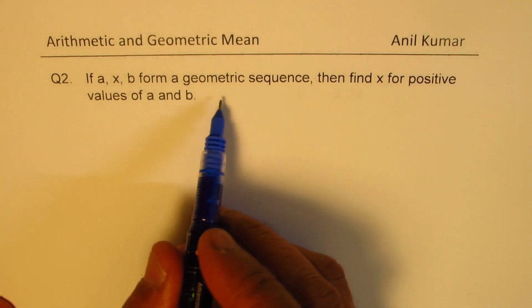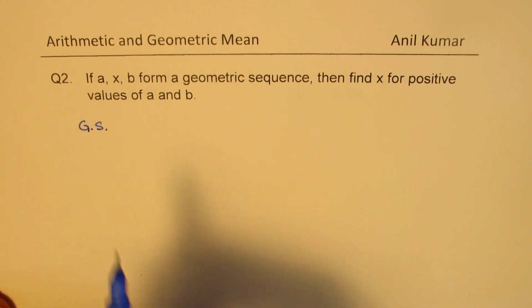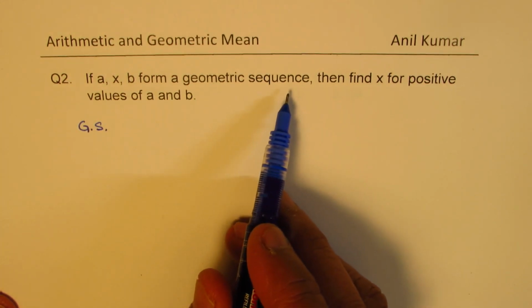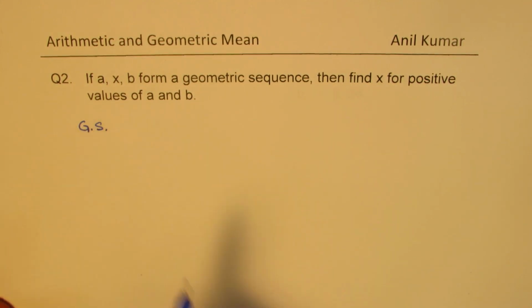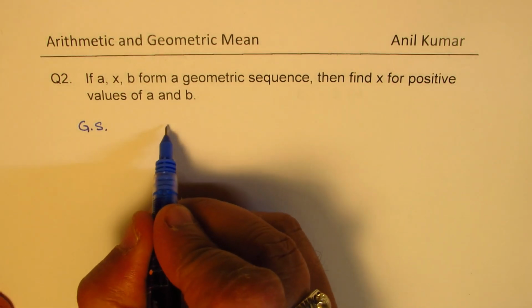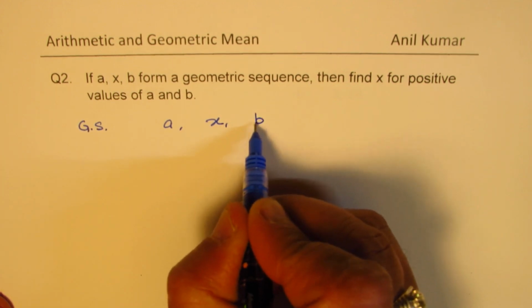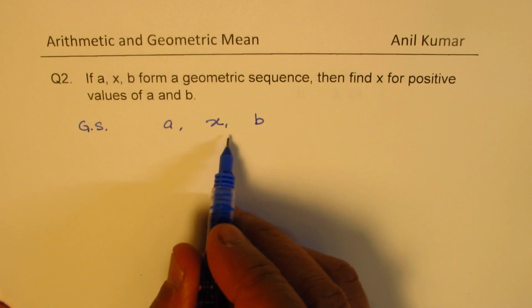Now we have a geometric sequence in which there are 3 terms given to us. We are saying a, x and b form a geometric sequence. Then find x, for positive values of a and b. Okay, so in a geometric sequence, we have these 3 elements, a, x and b. In a geometric sequence, their ratios are constant.